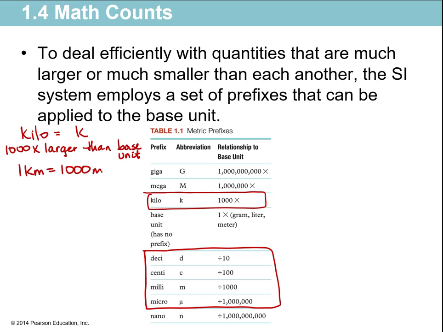It takes 1,000 base units to make a kilo. So that means if I have 1 kilogram, that is equal to 1,000 grams. If I have 1 kiloliter, then that is equal to 1,000 liters. So whenever I see kilo in a unit conversion, kilo is bigger. Kilo gets a 1, and the base unit will have 1,000 in front of it.